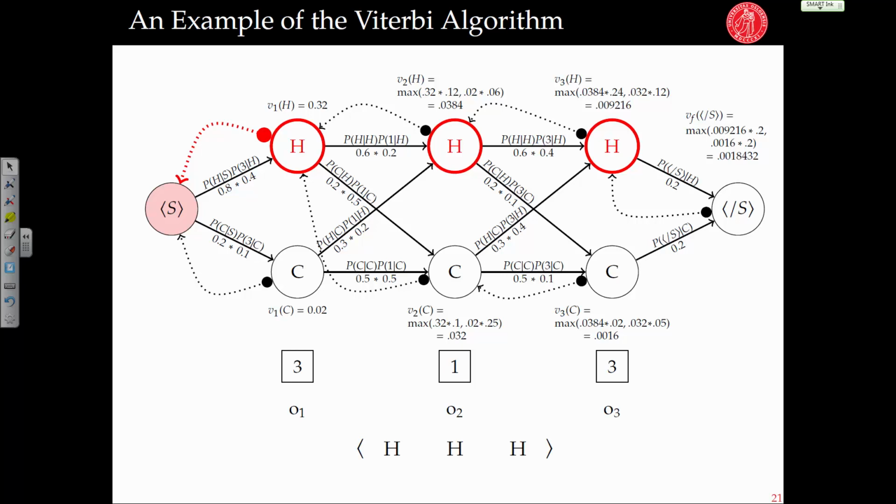But the pseudo states are not emitting anything because they are artificial states we introduced to distinguish between the beginning and the end of the sequence, and also to know which states are more likely to be in the start position of the sequence. And if you think of that in terms of words, that is even more important.